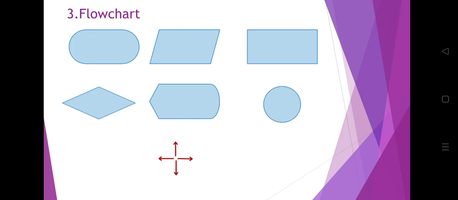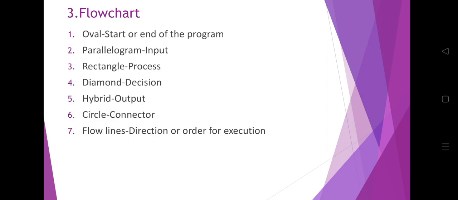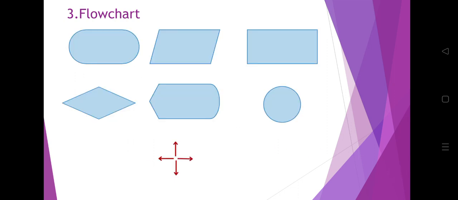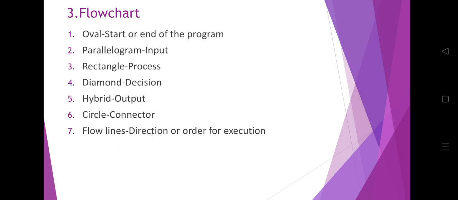Next, the rhombus or diamond shape is used for decision making, and this hybrid symbol is used for output specification, and those circles are used as connectors. Next, these arrows are called flow lines, which are used to represent the direction or order of execution of the program in pictorial form, that is nothing but a flowchart.